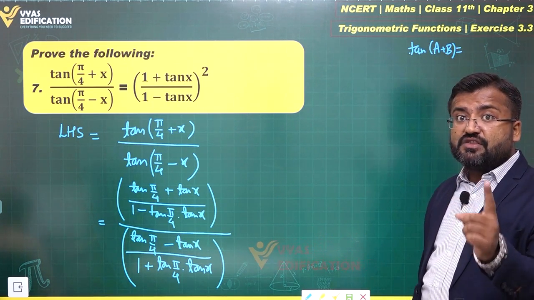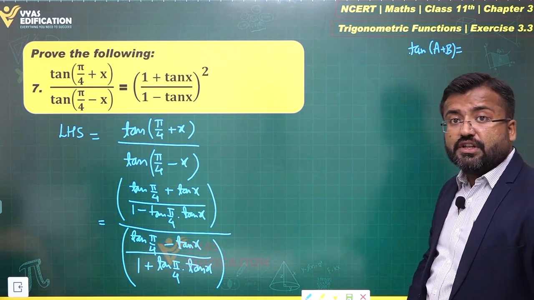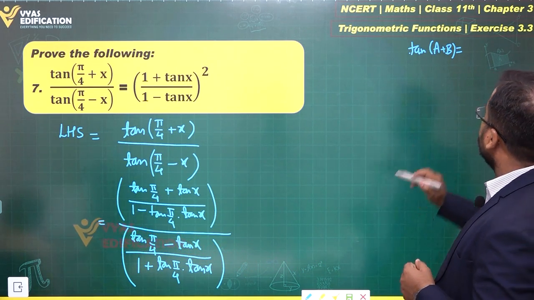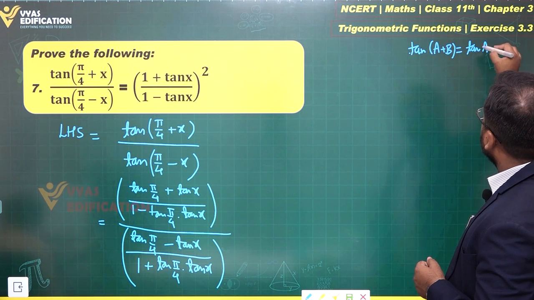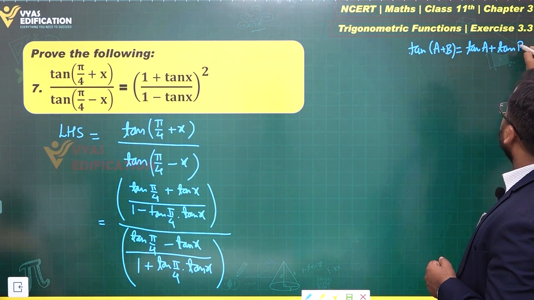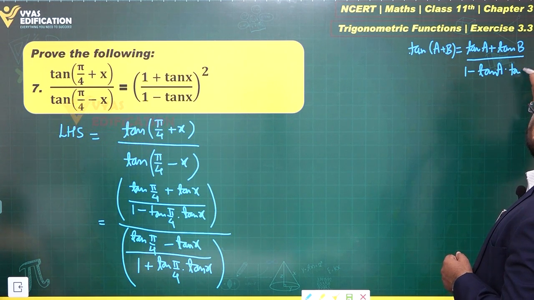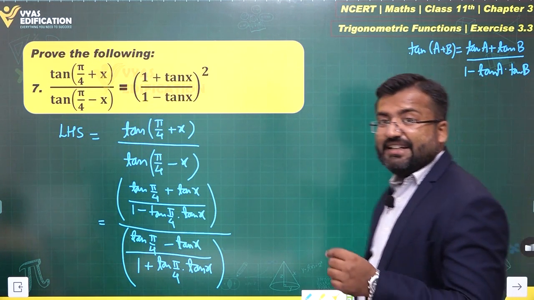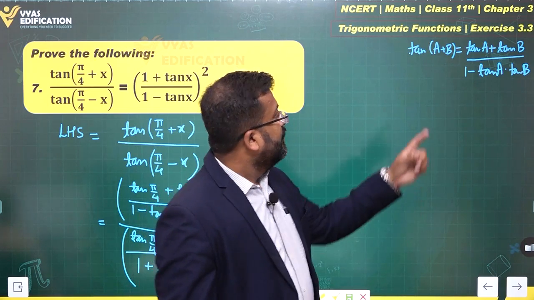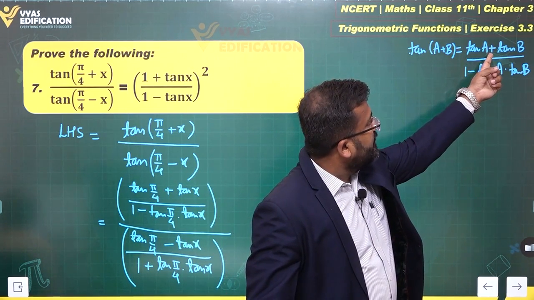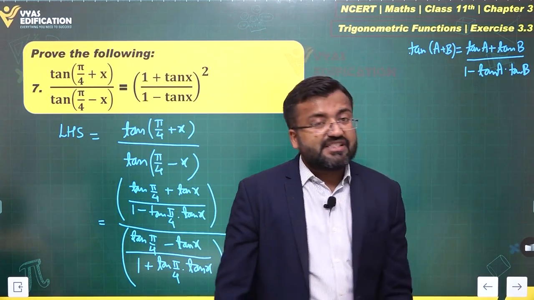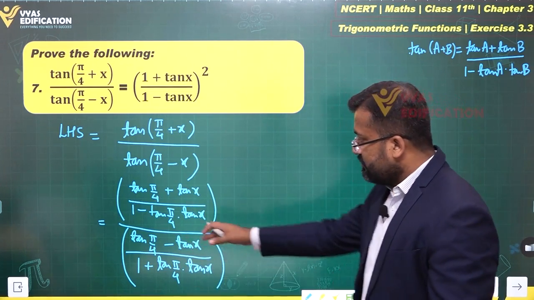If you do not remember this formula, it is very difficult to solve this kind of question. You should memorize this formula. And tan of a minus b will become tan of a minus tan of b over 1 plus tan of a into tan of b. And that's what you have used over here.